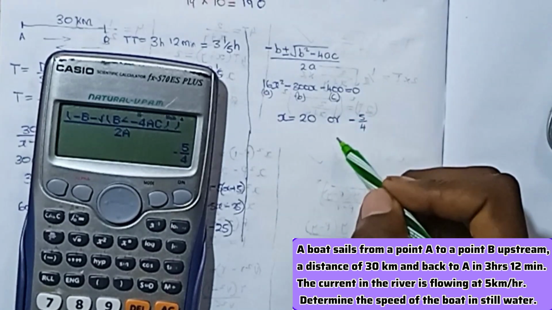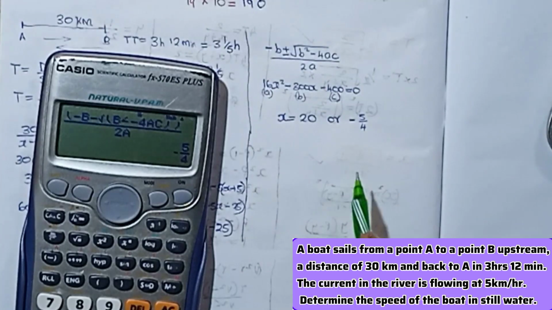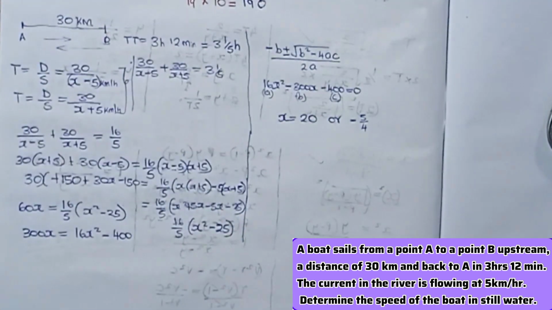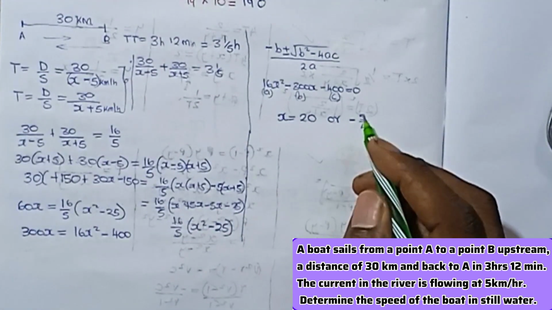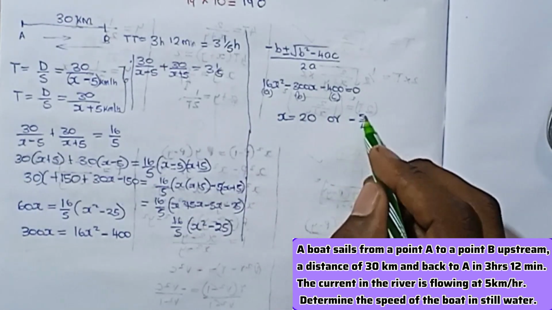You can use the long method to check if these are correct, but I'm very sure this is the correct answer. The speed of the boat in still water is obviously a positive one, so we take this.